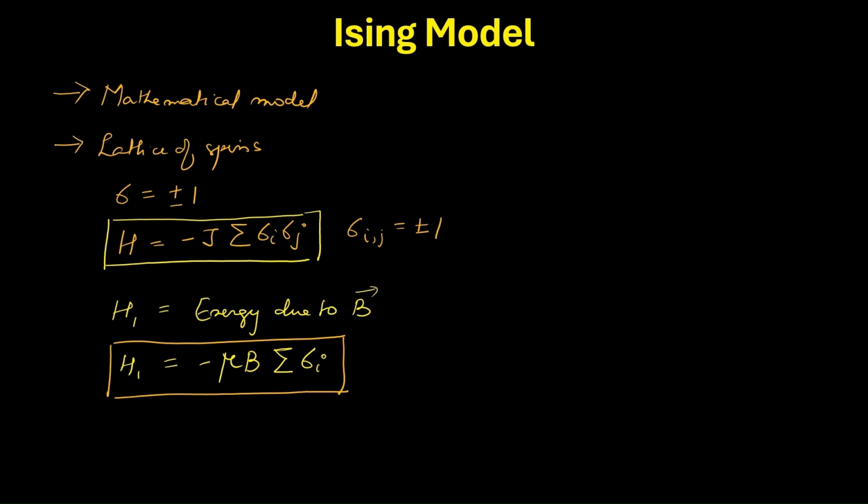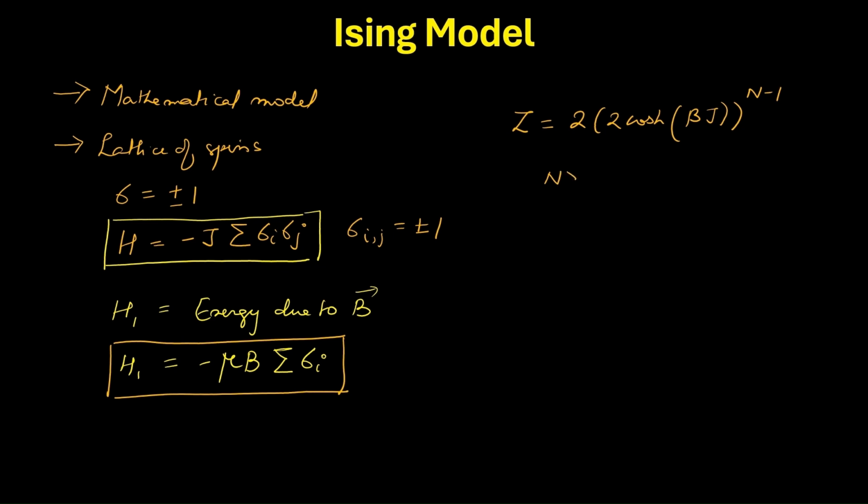Now, if you pick up any standard statistical mechanics book, then you can learn how to derive the partition function. Here I'll write the partition function for the Ising model. So its general formula is 2 cosh(beta J) to the power N minus 1.